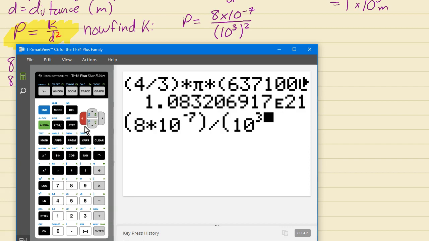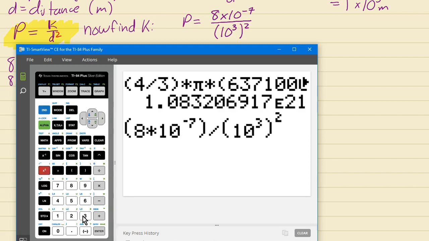Whoops, I made the same mistake with that parentheses. Like so. Alright, so the result is 8 times 10 to the negative 13 is what that represents.